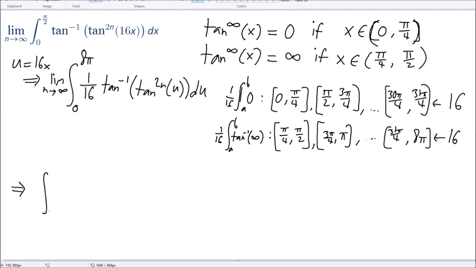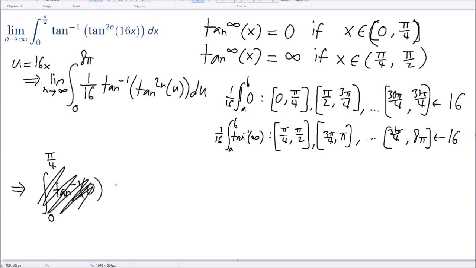So what we have here is we just have to go from 0 to pi over 4, and then times 16 of this integral, which cancels out the fraction, and we get 0 here. The reason is because inverse tangent of 0 is equal to 0. Okay, so this whole thing is just 0.